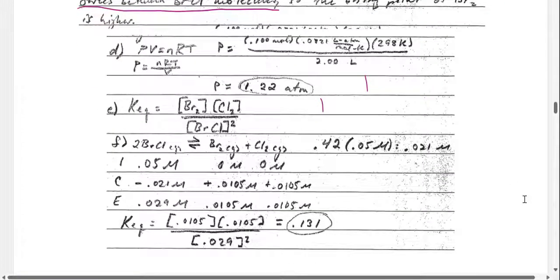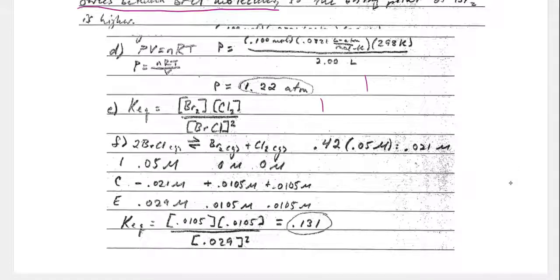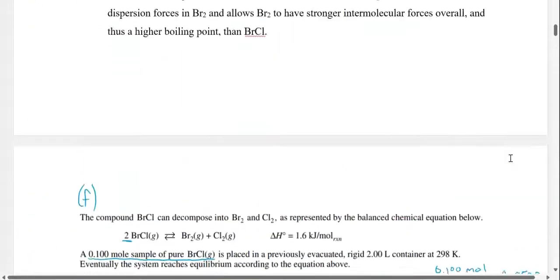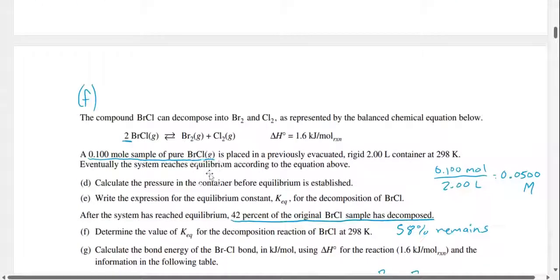All right. So they set up the ICE table. All right, so right here, they're showing that. Now, they did it a little bit differently. So remember, I did the thing where I said if 42% decomposed, then 58% remains.